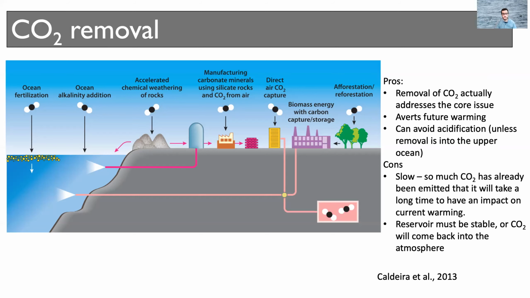But the cons are that it's slow for this to have an impact. So it's very good in terms of avoiding future warming, and that's very important. But if we're trying to say in the future, as temperatures warm, or even now, and we're starting to see real impacts from global warming, this isn't going to result in immediate reductions in temperature. It will take a while before this has a real strong impact on current warming.